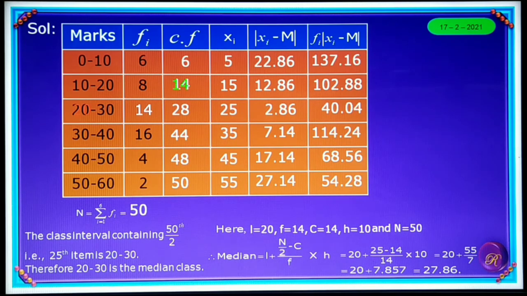denoted by summation of fi into absolute values of xi minus M. That is 517.16.